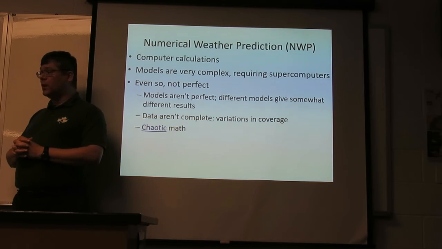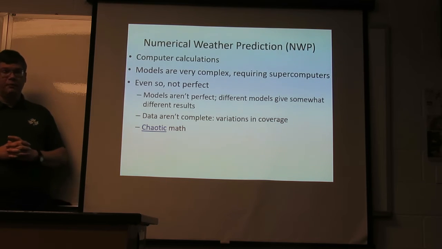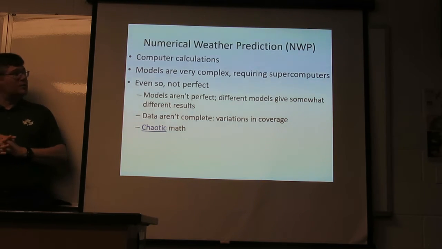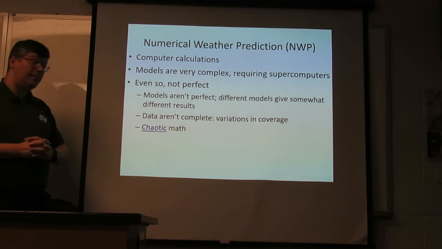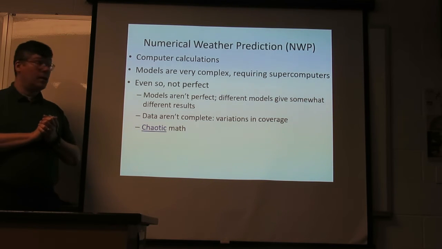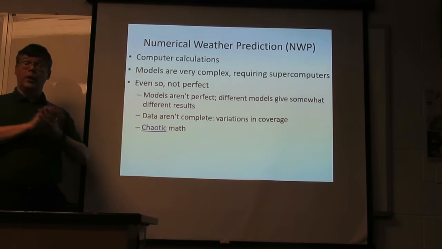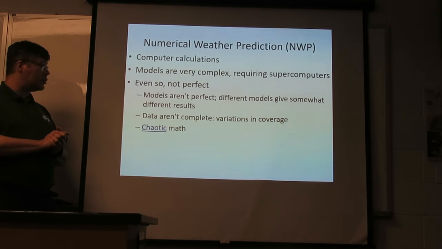Now, whether government's going to actually budget to invest long term in better coverage, well, we'll see. But at any rate, more data can help, and where we don't have as good data, we don't have as good weather coverage there.